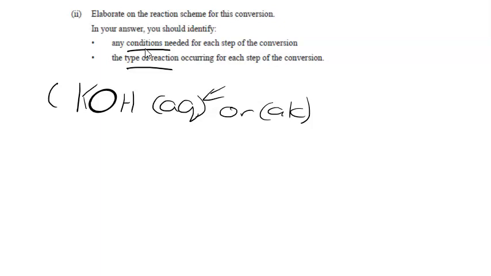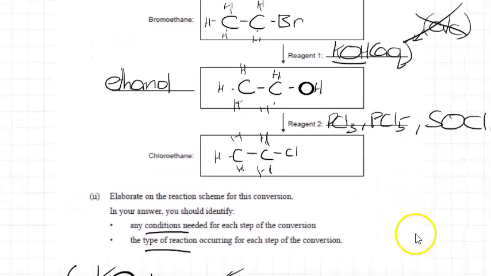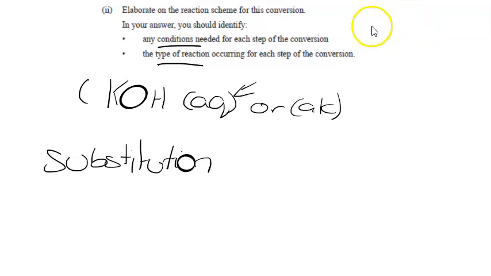So in both of them we're substituting one group for another. So both of them are just substitution reactions. So I think if you just say the conditions required are aqueous, because if we used alcoholic, we would result in an alkene, and that they're both substitution reactions, I think that will get us across the line.